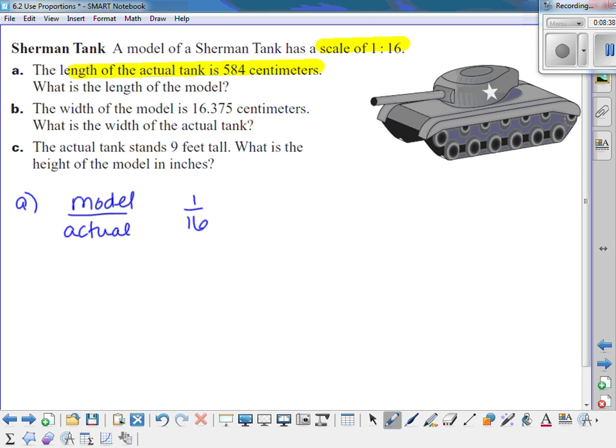So they tell us that the length of the actual tank is 584 centimeters, so that needs to go on the bottom where we have the actual numbers. And then what's the length of the model? We'll just use L up on top. And then we're going to solve that for the length. So if I cross multiply, I have 16L is equal to 1 times 584, so 584. And then if I divide both sides by 16, I get that the length is equal to 36.5 centimeters.